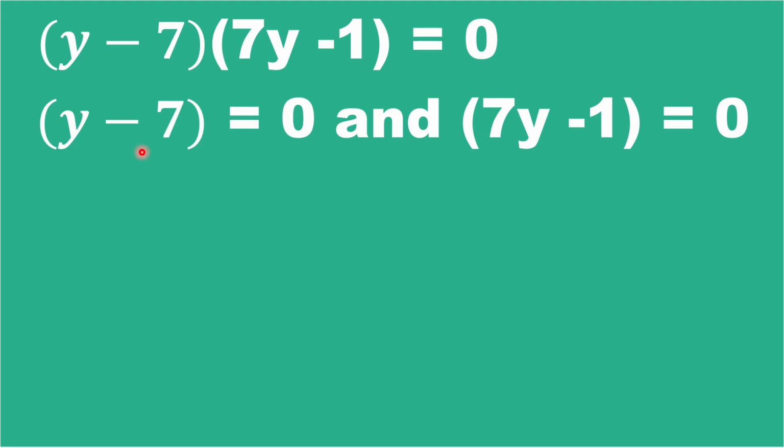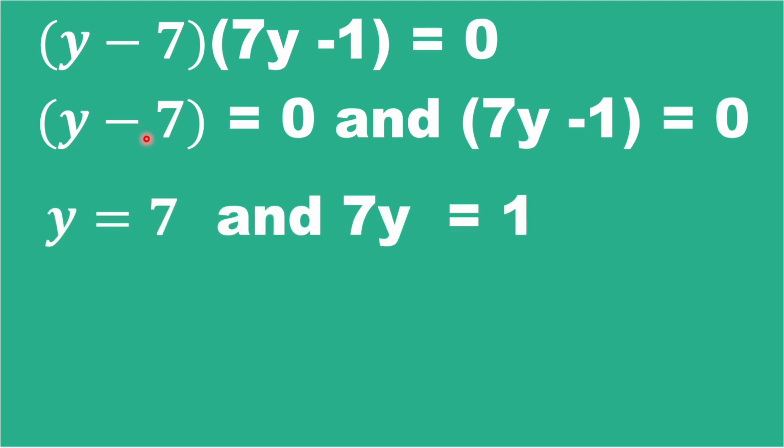And here this minus 7 will become 7, because we will shift this to the other side of the equation. So this will become y equal to 7. Or you can also say that after adding plus 7 on both sides. And here you can say that 7y equal to 1, because we have sent this minus 1 to the other side of the equation.